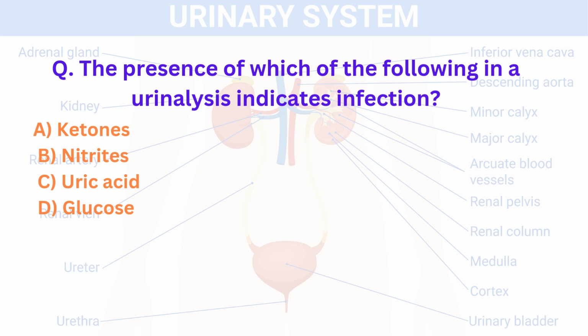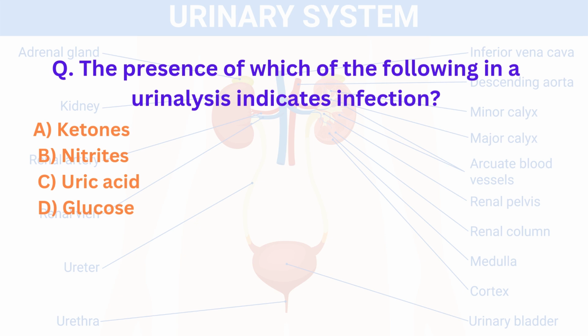Then nitrates, the presence of nitrates in urine is a strong indicator of bacterial infection, especially gram-negative bacteria like E. coli. Then uric acid in urine is usually associated with gout or kidney stones, not infection. Then glucose in urine can indicate uncontrolled diabetes, but it is not a direct sign of infection.